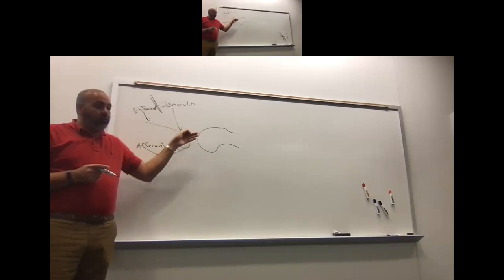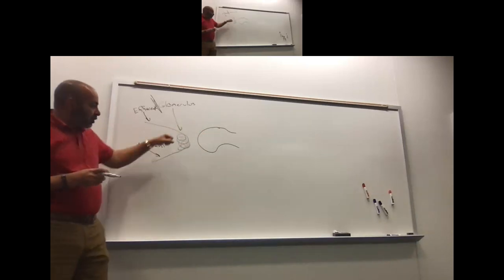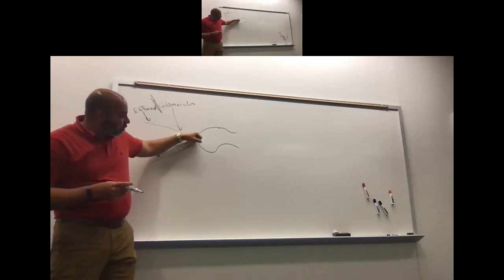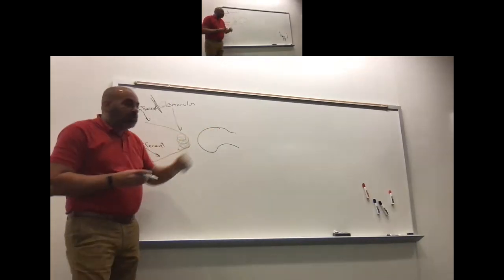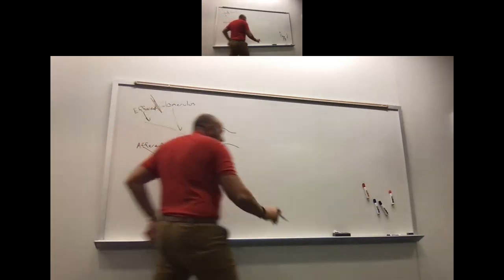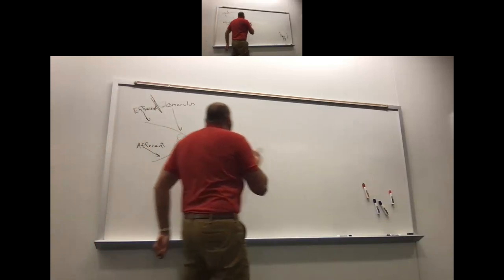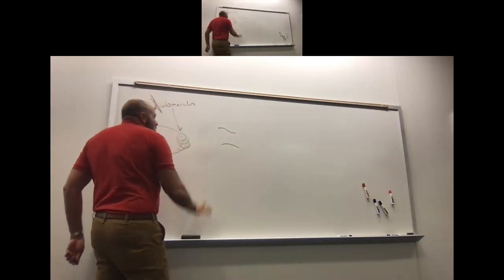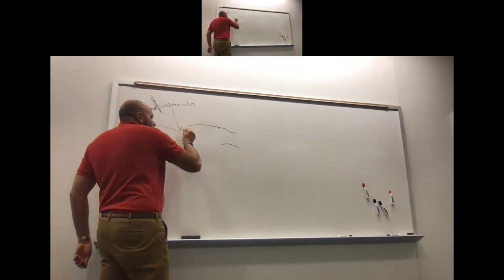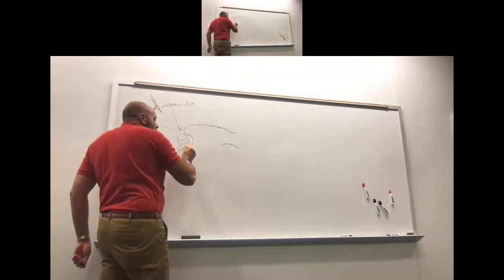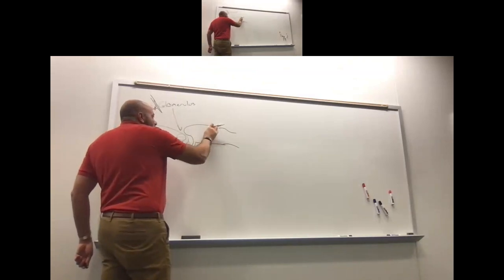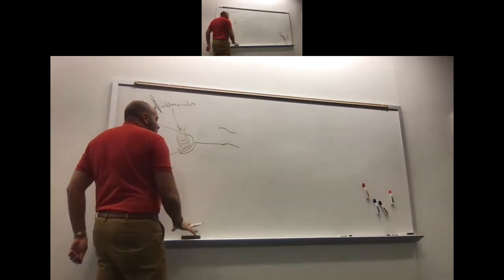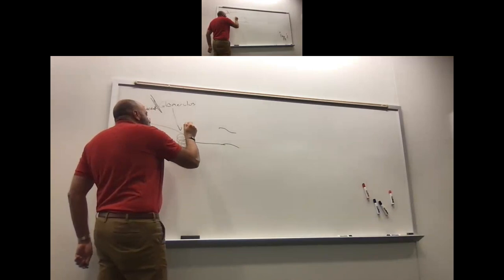And when it grew, it did what's called invagination. So it pushed this structure in. By pushing this structure in, what happens is we end up with, I drew that kind of badly, so let's make it better, okay?